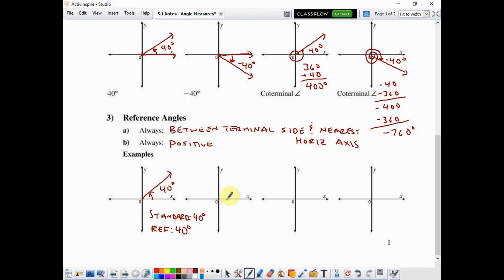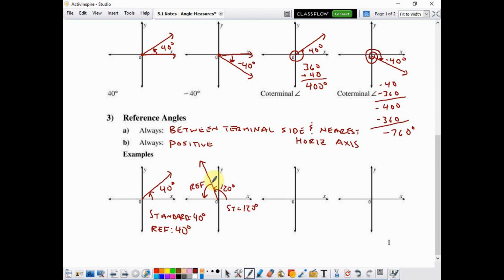Let's say I rotate 120 degrees. The standard angle measure here is 120 degrees because that's how much I rotated. But the reference angle is this right here.